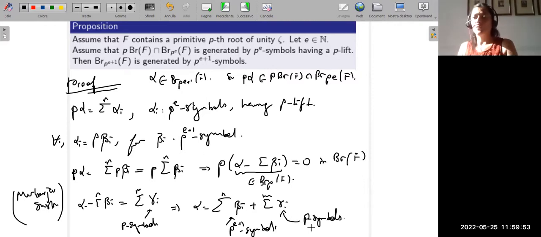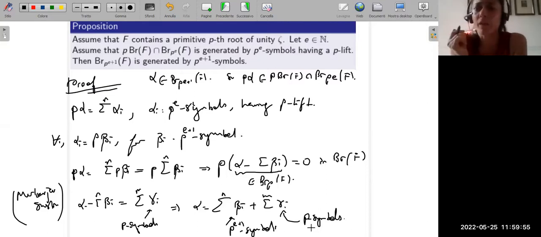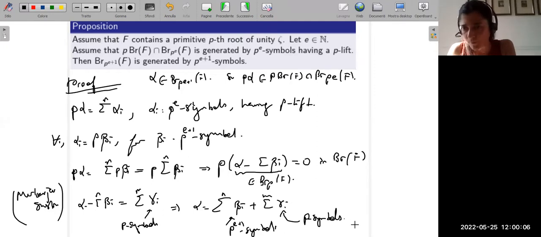It means that we wrote alpha as a sum of p to the power e plus 1 symbols, and this is what we wanted to show, because this applies to any class, of course. So this proves the proposition.